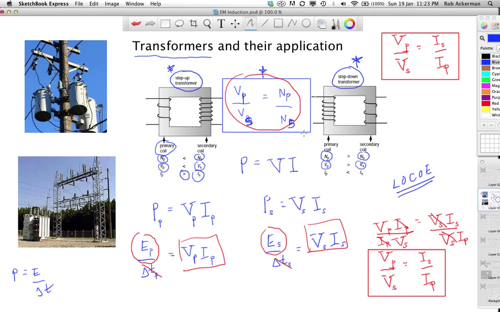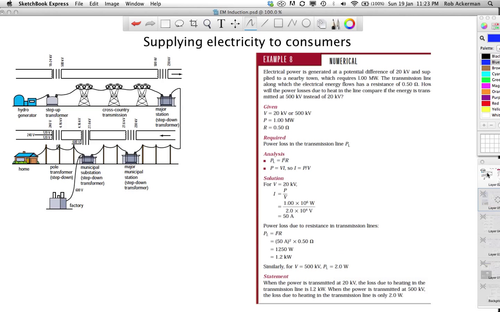However, there's an even more important reason, which is shown in this final diagram in your textbook. Start off with the generation of electricity from the power plant. We've already looked at how this can happen. The electricity is generated, they say in the book, in the low tens of thousands of volts, so 18 to 24 kilovolts.